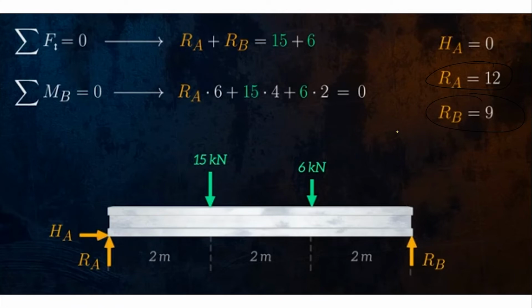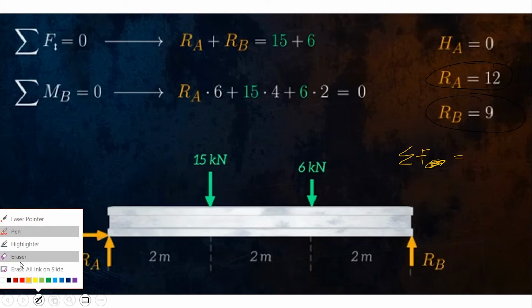So let me use this. Summation of forces going to the right and going to the left, oh, we are already done with right and left. Vertical, going vertical means up and down. I erase this.